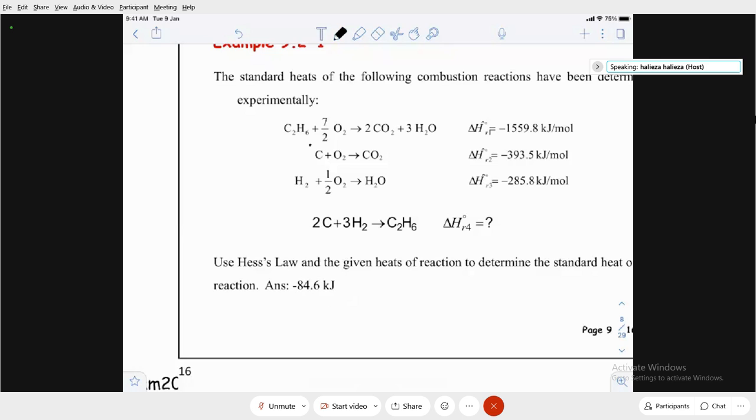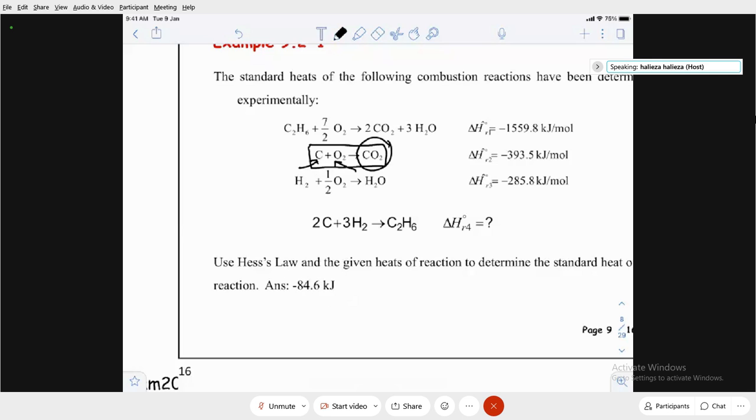This is heat of formation. Heat of formation is about creating your component from its natural elements. That means your elements are the ones that are occurring naturally. Oxygen is always in a gas phase. There's no way you can get oxygen in a liquid phase.